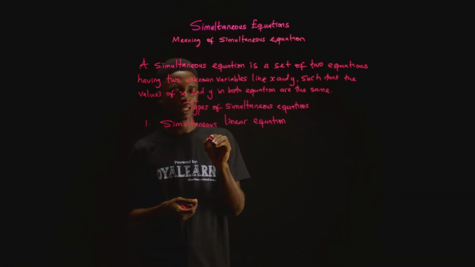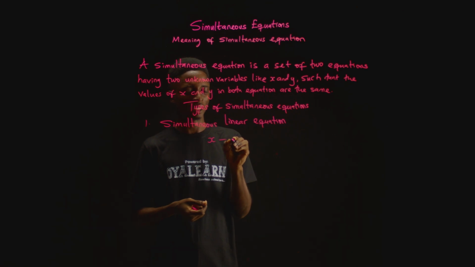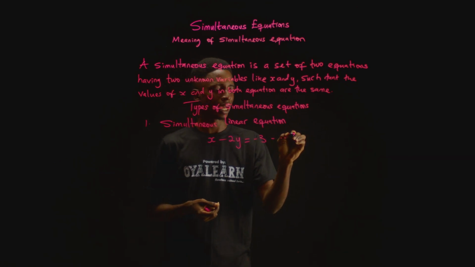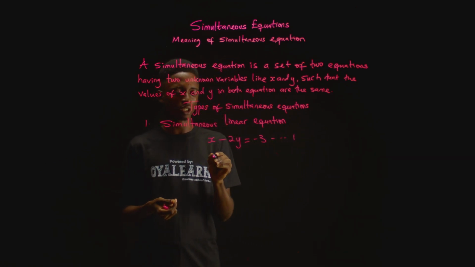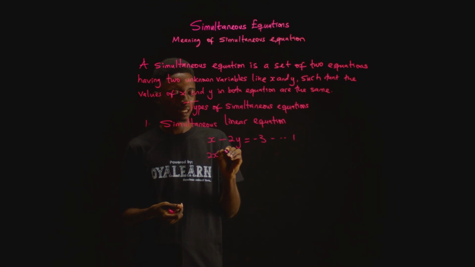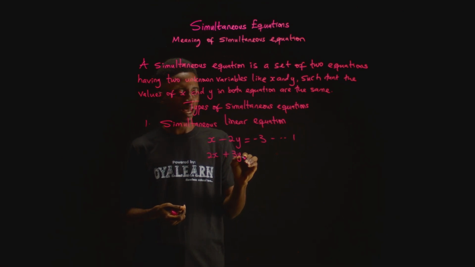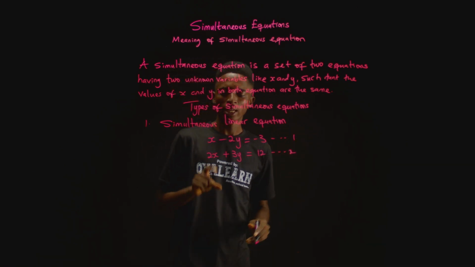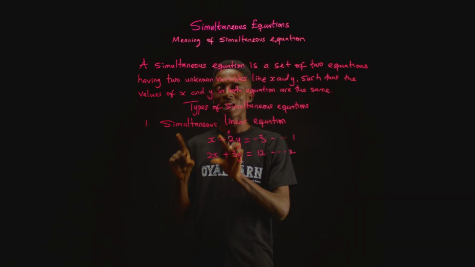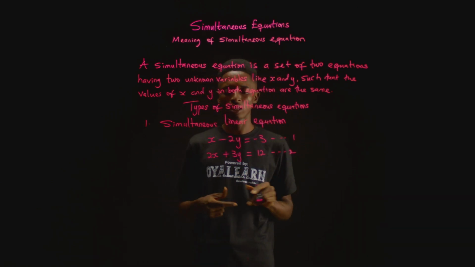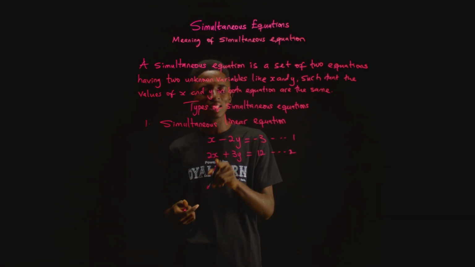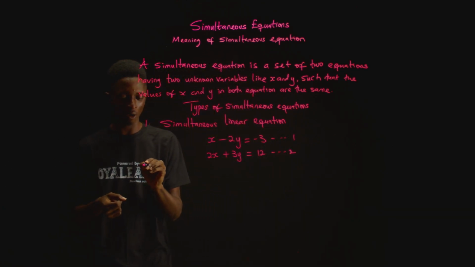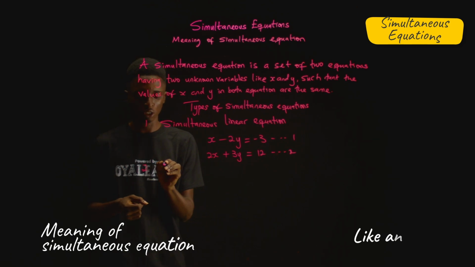When you have something like x minus 2y equals minus 3, and this being our equation 1, and then in the second equation, you have 2x plus 3y equals 12 as equation 2. In this type of equations like this, we call them the simultaneous linear equation. And if you solve it, you will find that the value of x and y in both equations are the same.